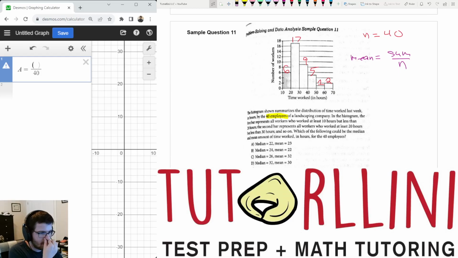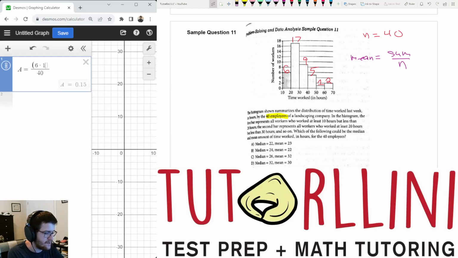What's kind of confusing about this one is that finding the mean is going to be a pain because we don't know exactly what these numbers are. So why don't I just pretend it's the number halfway through? I feel like that'll give me a good estimate.